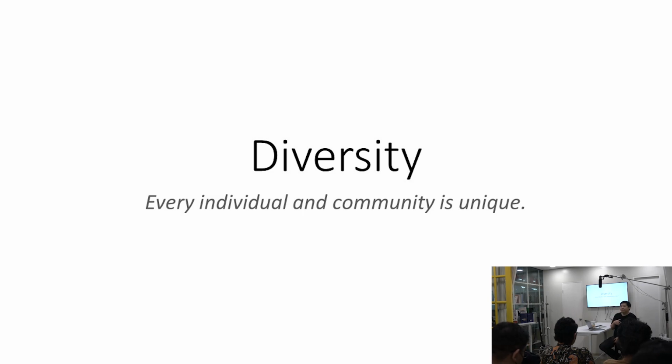Another idea is about diversity. One of the things we're currently exploring is that, for example, in terms of housing, why are we doing houses all the same, just small, medium, large? When in fact, we have so many different tribes in our communities, right?